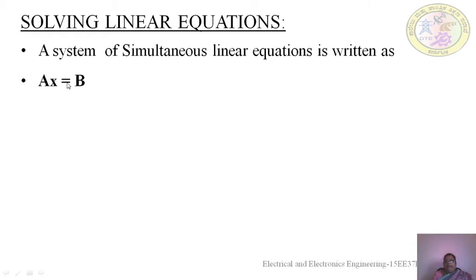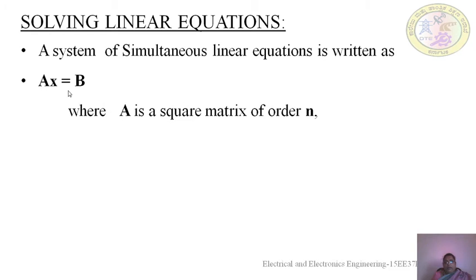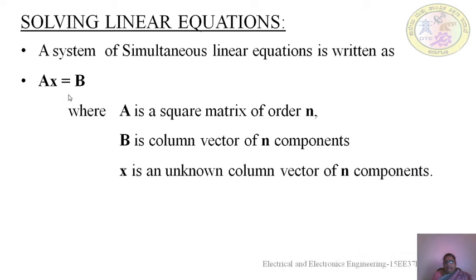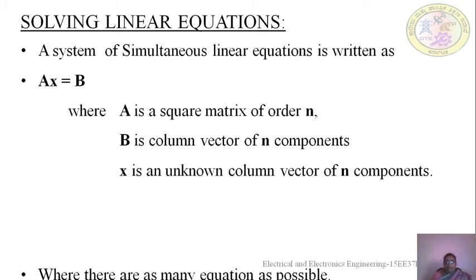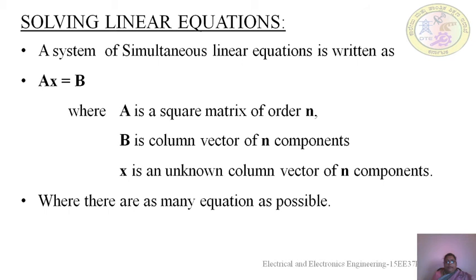Ax is equal to b, where A represents the square matrix of order n, x is an unknown column vector of n components and b is a column vector of n components. There can be any number of linear equations. N number of linear equations you can use here.